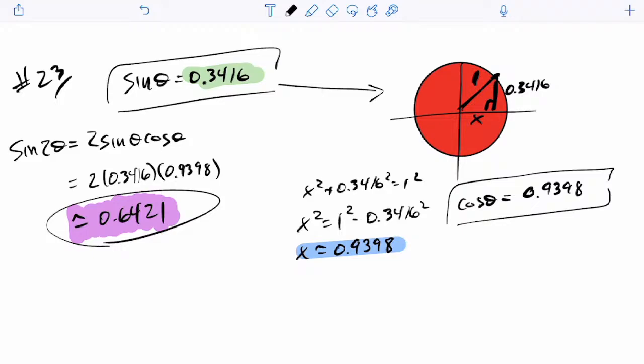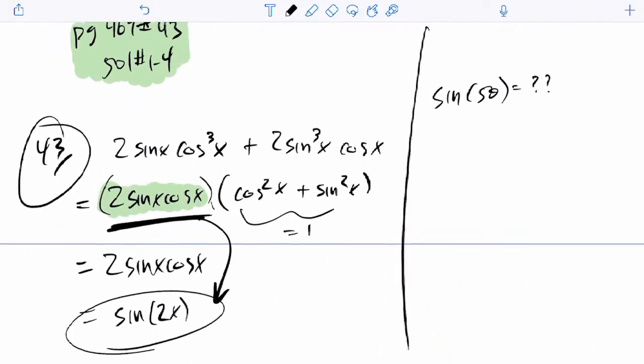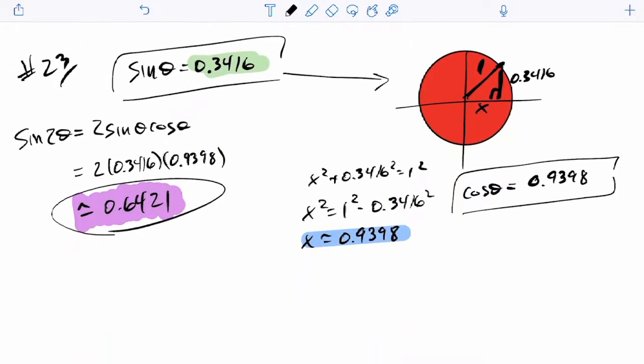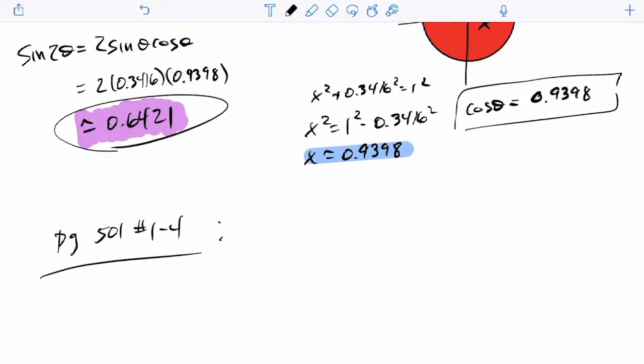Okay, who's next here? I've lost track. Oh, Yusria wanted 501, 1 to 4. For this one, they just want you to use your formula.